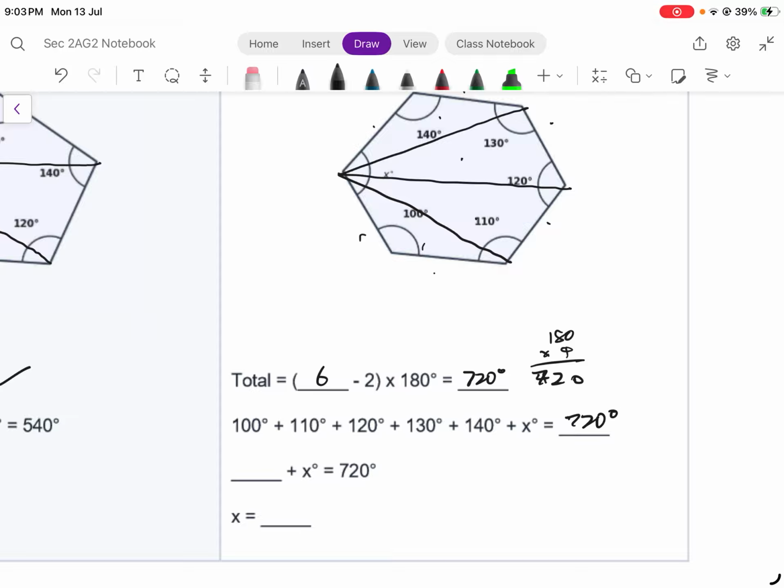We add everything together and we get 600 here. So again, minus 600 on both sides. You should know that when you bring it over, it becomes minus. So x is 120 degrees.